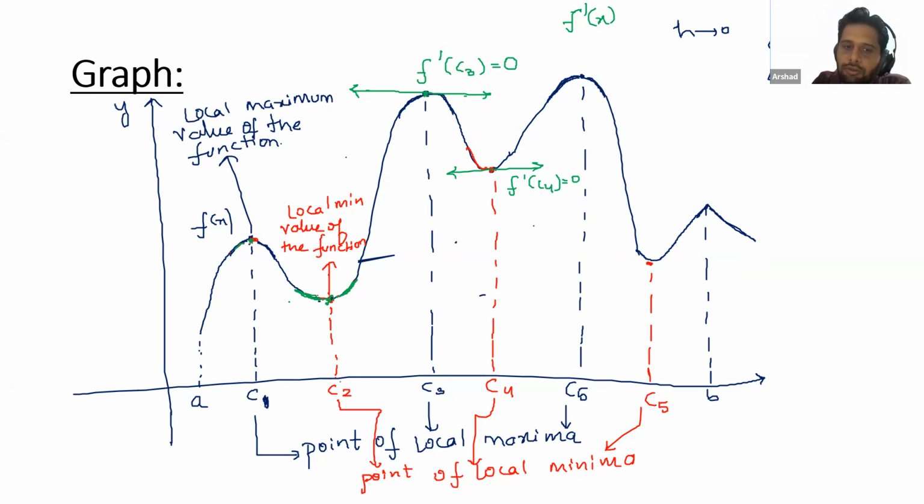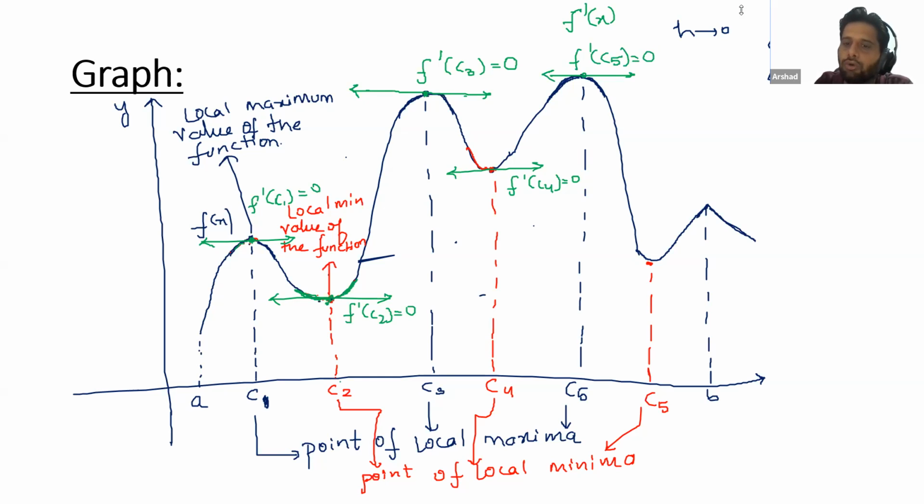Similarly, at this point, f dash C2 will be 0. At this point, f dash C1 is equal to 0. At this point, f dash C5 is equal to 0.